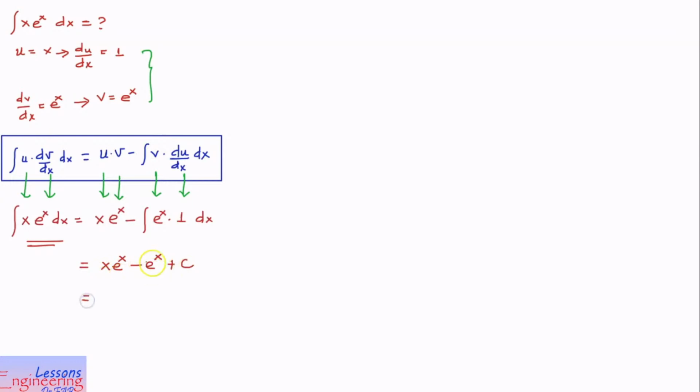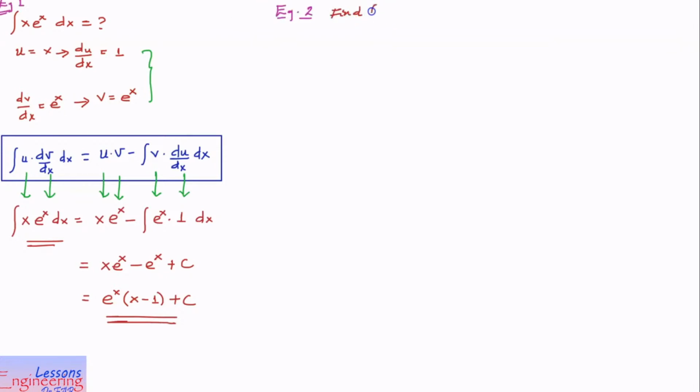If you wish, you can further simplify by taking e raised to x as a common factor: e raised to x times (x minus 1) plus constant. So this was easy.